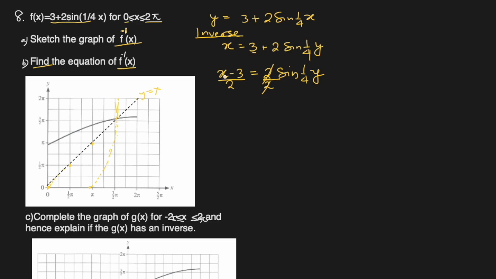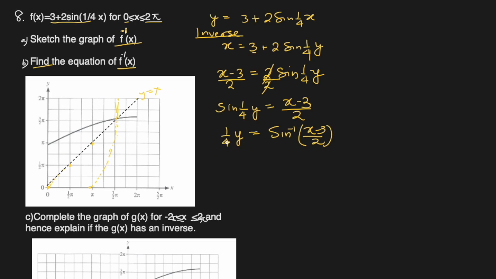So 2 and 2 cancel out. We are left with, let me write that one on the left side now, sine 1/4 y equal to x minus 3 over 2. Purpose is to isolate this. So sine, if it comes to the other side, we are left with 1/4 of y equal to sine inverse of x minus 3 over 2.